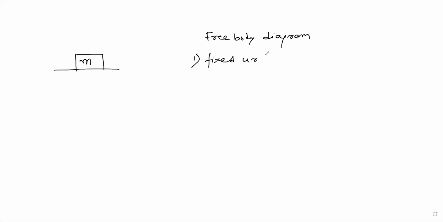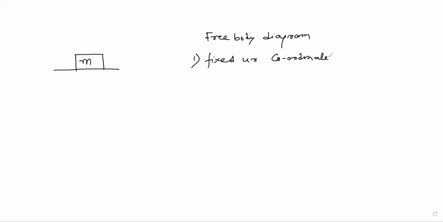Let us take a very simple case right now: just a simple block placed on the ground. In a free body diagram, what do you need to draw first? First, fix your coordinate system.